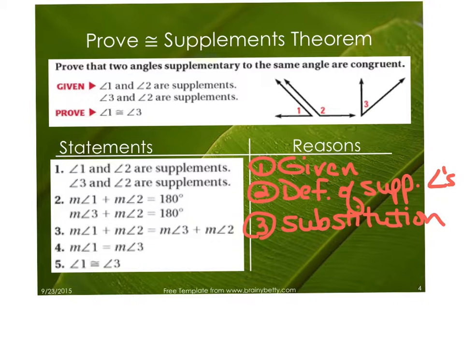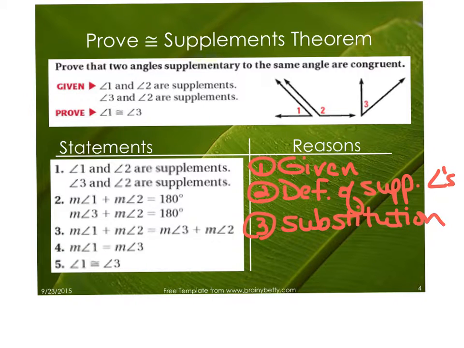And then what did they do from 3 to 4? Yes, Michael. I actually have a question. Okay, go ahead. Transitive wouldn't work for number 3, right? If they flipped it around, let's see. Yeah, you could have matched the 180s. Yes. You're going to end up using substitution more often than transitive.